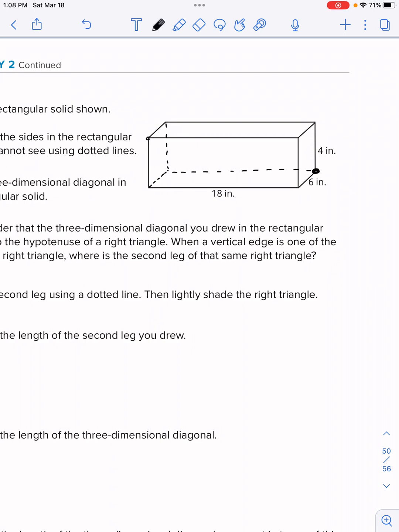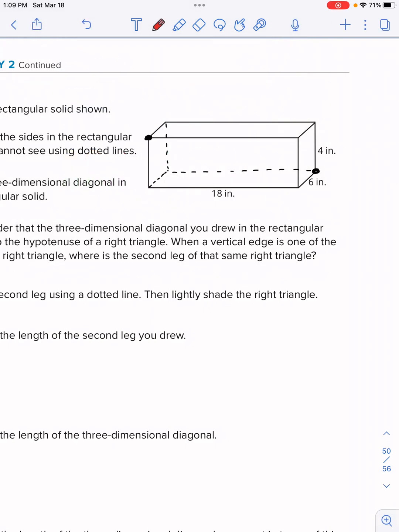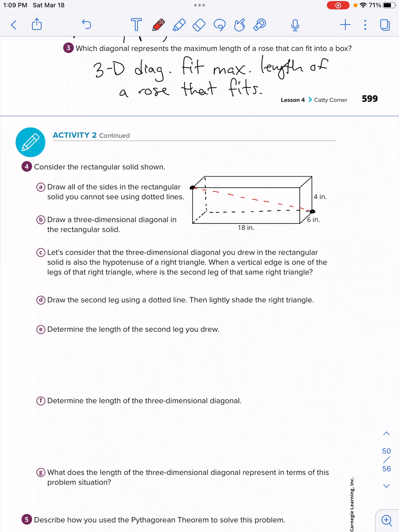We're going to go up, left, and front. Let's go ahead and connect that. I'm going to draw a red line for this. Yeah, let's make it dashed though. Okay, so this is the diagonal. We're probably going to find the length of that later.